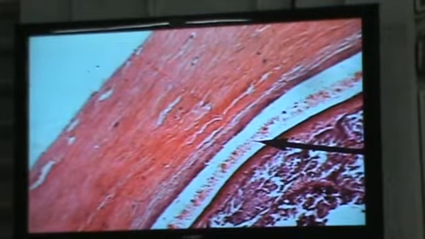Okay, where it is very thick, then it attenuates. And then what do we notice here? That there is a layer that is below this, and this layer is vascularized. Okay, and there we're looking at a large blood vessel right here. Seems to be an artery, the wall is quite thick, and that's in the area of the tunica vasculosa. Okay, so the tunica vasculosa is deep to that.